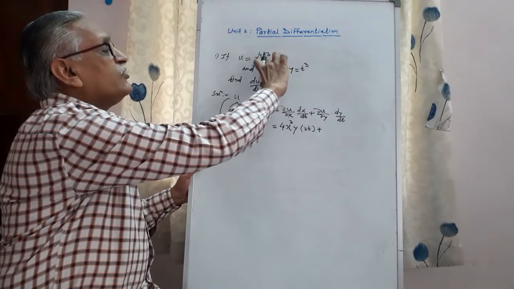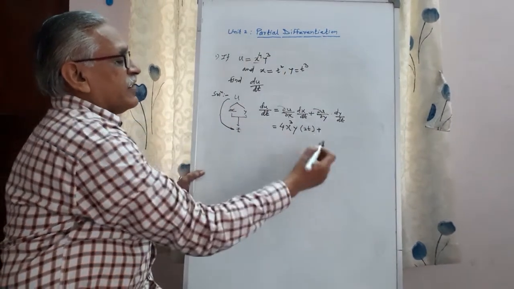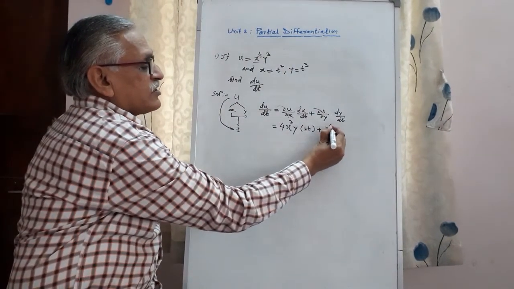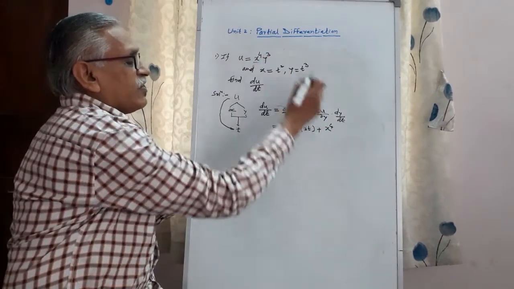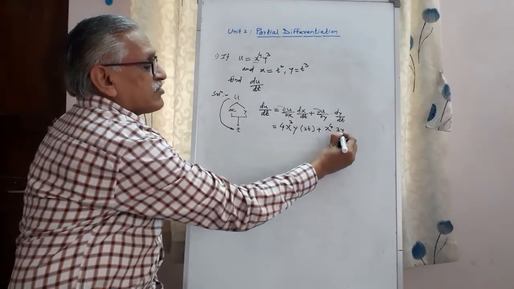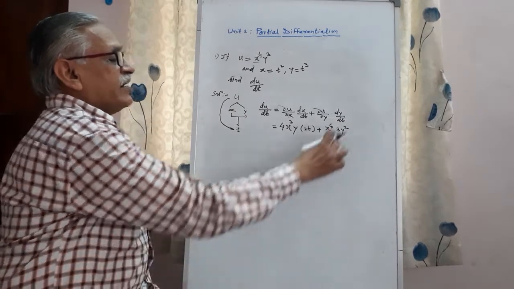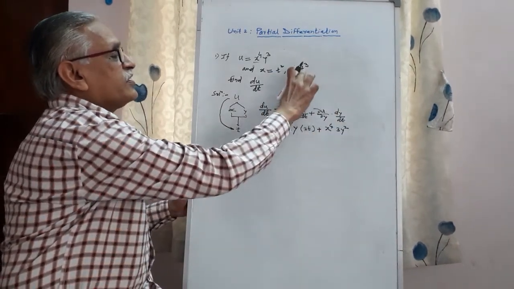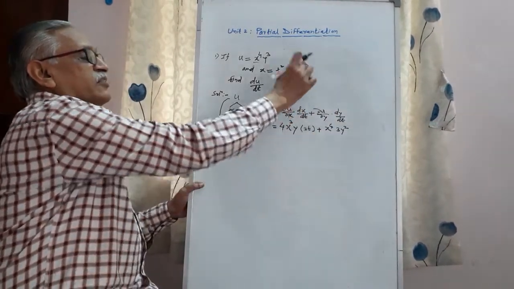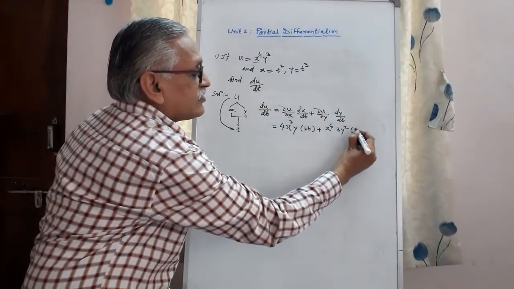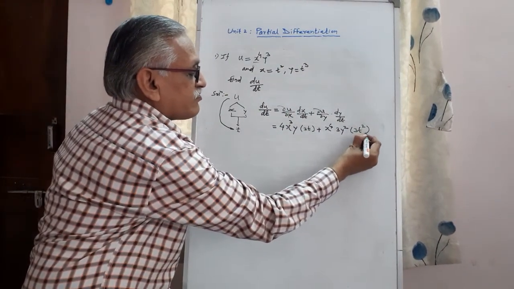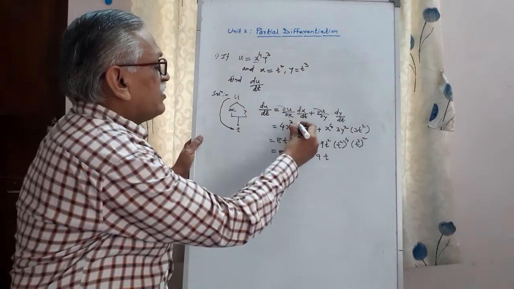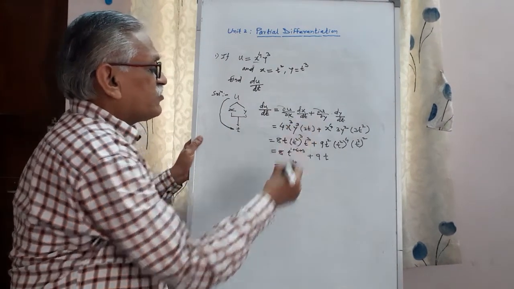Differentiating u with respect to y, at this time x to the 4 is considered a constant term, the derivative of y cube is 3y square, and the derivative of y with respect to t is 3t square. Sorry, here it is y cube.